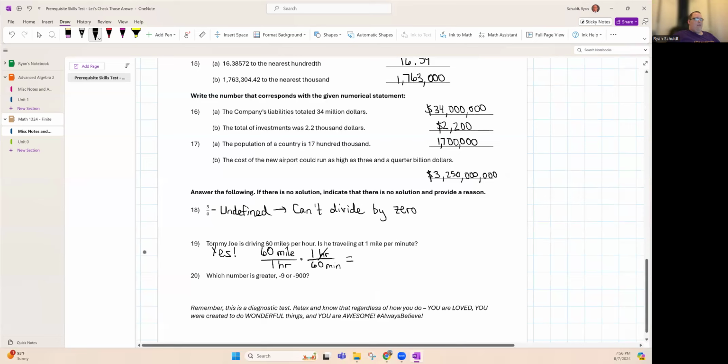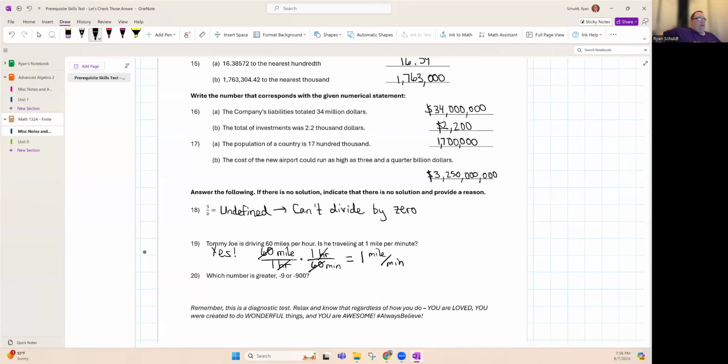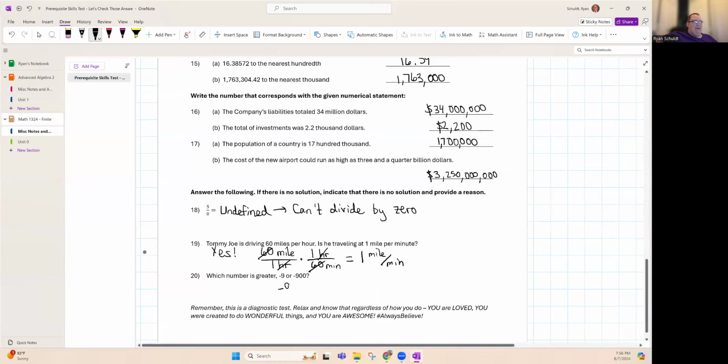The hours cancel, 60s cancel, so you're left with 1 mile per minute. And then the last one, which number is greater, -9 or -900? Well, with negative numbers, it's the opposite. So the smaller looking number is actually the greater number. -9 is greater than -900.